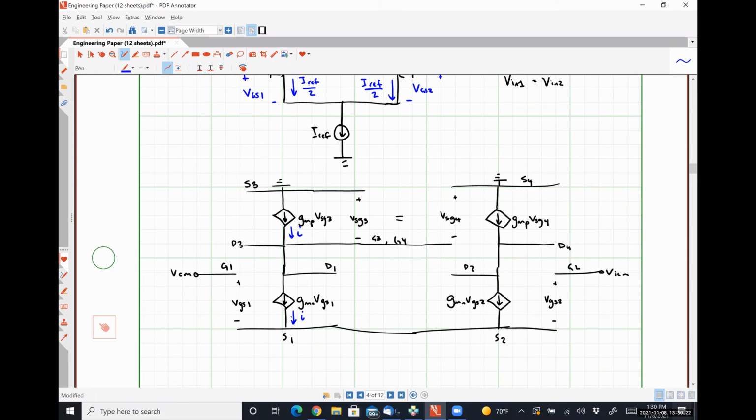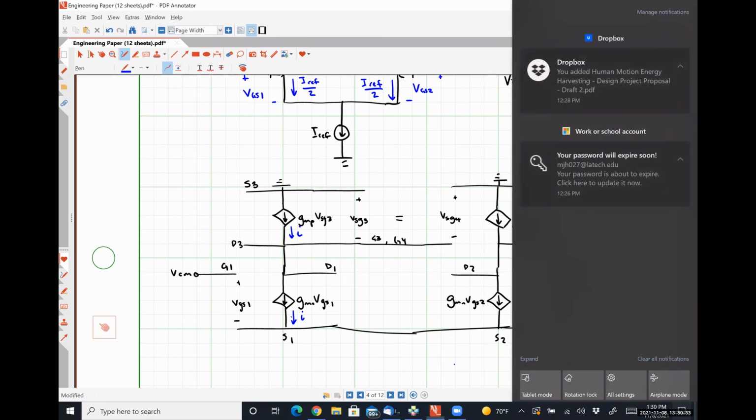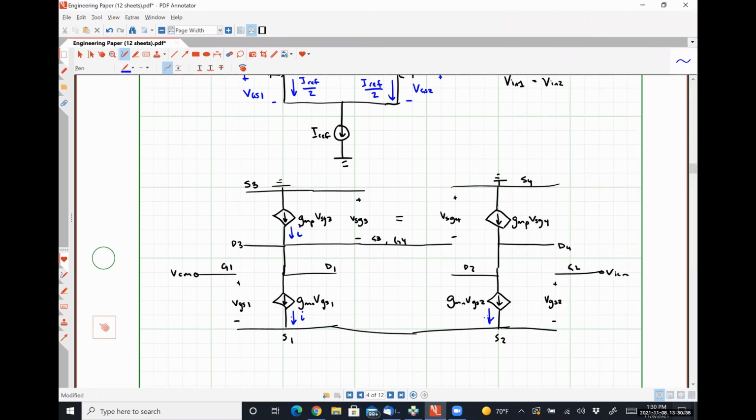Similarly, input common signal applied at the gate of transistor M2 generates a current, and it will also be i if our transistors are matched and we're applying the same input signal. This is going to draw the exact same current i through transistor M4.